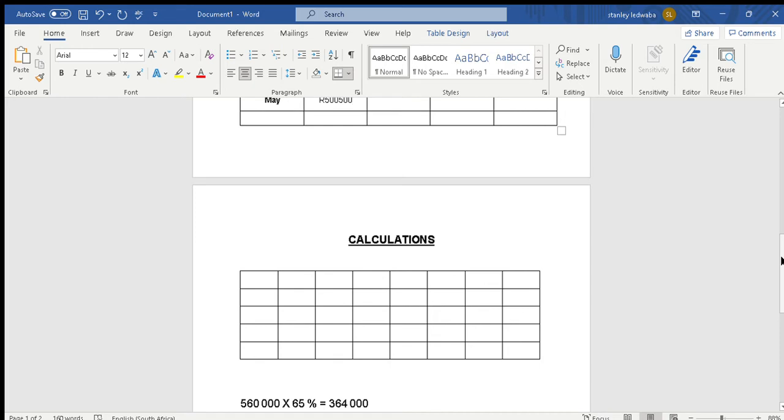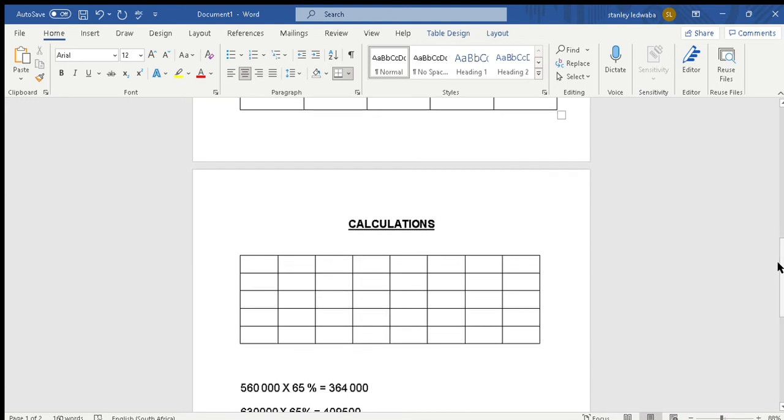Given that information, remember the term for debtors collection is 30 days, right? Then this is the first month, the second month, third month, and the fourth month, right? Here we are going to have 30 days.